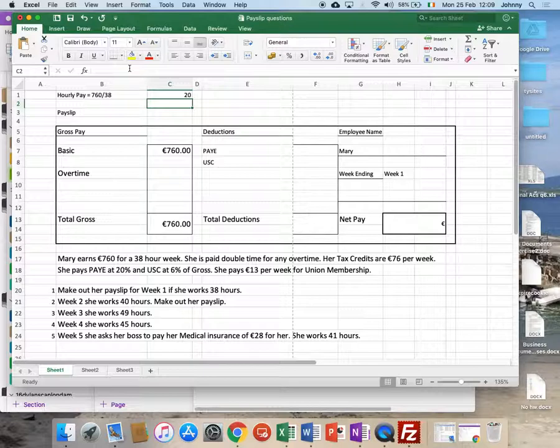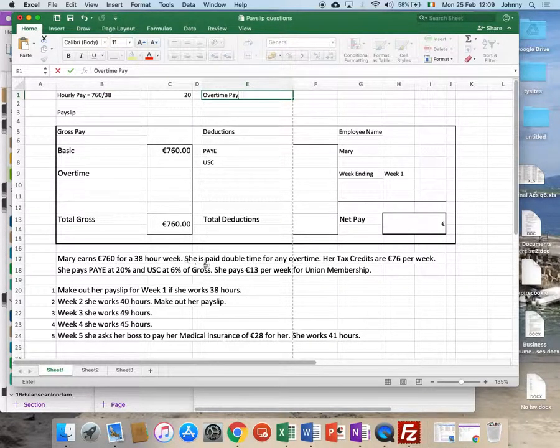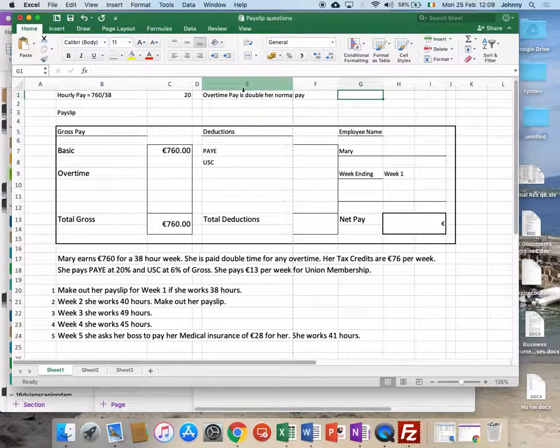Okay, so far? So, then we have to work out our overtime pay. It says here she's paid double time for any overtime. Okay? So overtime is her normal pay multiplied by 2. So it's double her normal pay. Her normal pay is €20, so she's going to get €20 multiplied by 2.